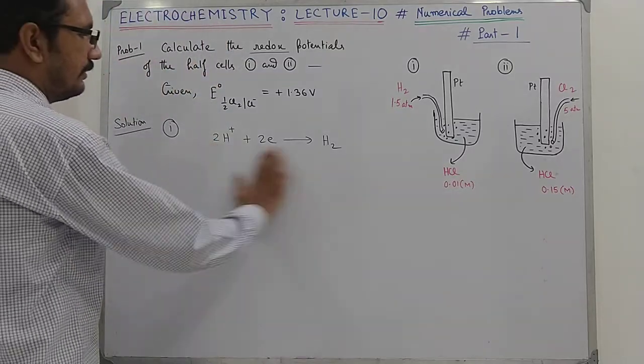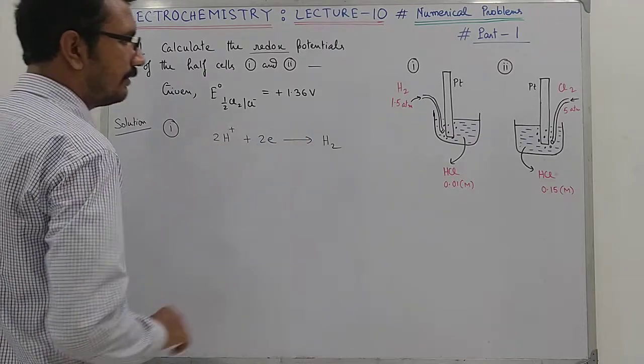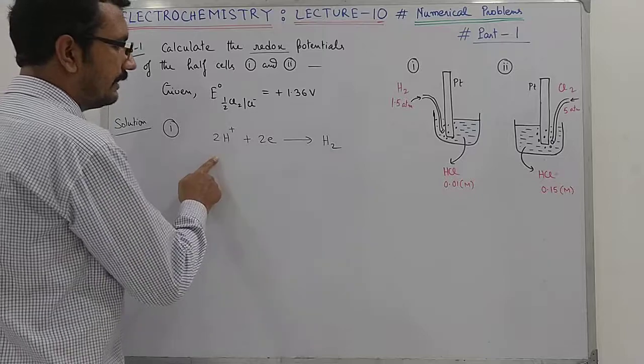So let us consider this reduction reaction to be occurring at the given electrode, that is 2H plus + 2 electrons → H2.